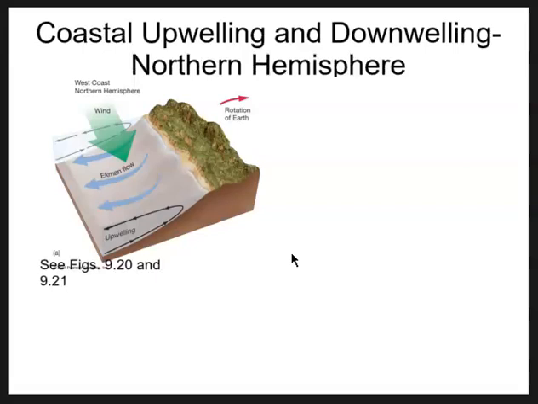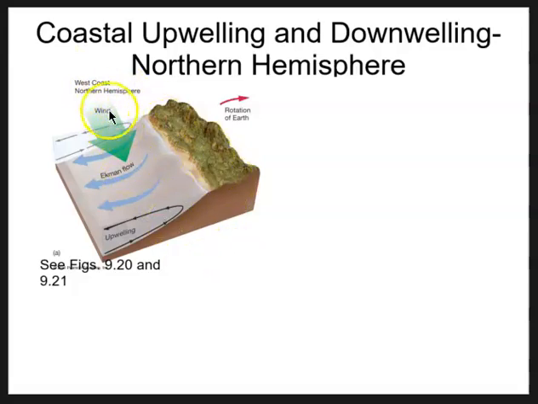Okay, so here we have the West Coast, or a West Coast in North America, or the Northern Hemisphere, I should say. And so you can see the coast here, which is in green, and then this is the water over here. And this big green arrow represents the direction of the wind. So the wind is coming from the north and blowing towards the south along the coast here.